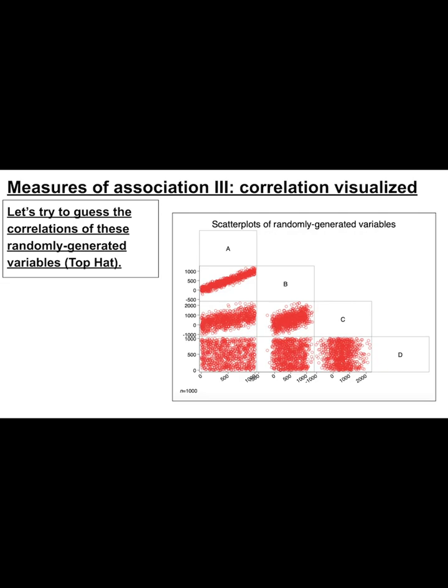For the correlation between A and C and B and C, I would guess that those are both probably a little bit less strong, maybe somewhere in the realm of like 0.6. The correlation between A and D appears to be total noise, and actually the same is true of B and D and C and D.